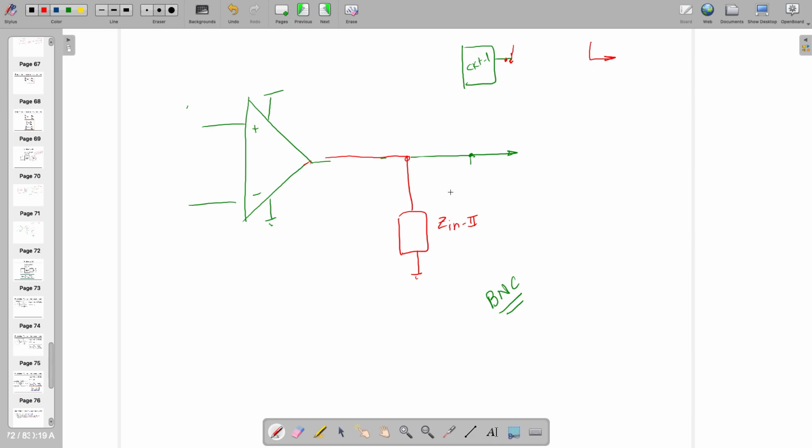If I want to find out, I need to use the Y parameter, Z parameter, or whatever parameter you want to use. You keep that, find out the input impedance, keep it here, and then simulate, which is going to give you the real output, or else you will get different results than when you connect two circuits together.